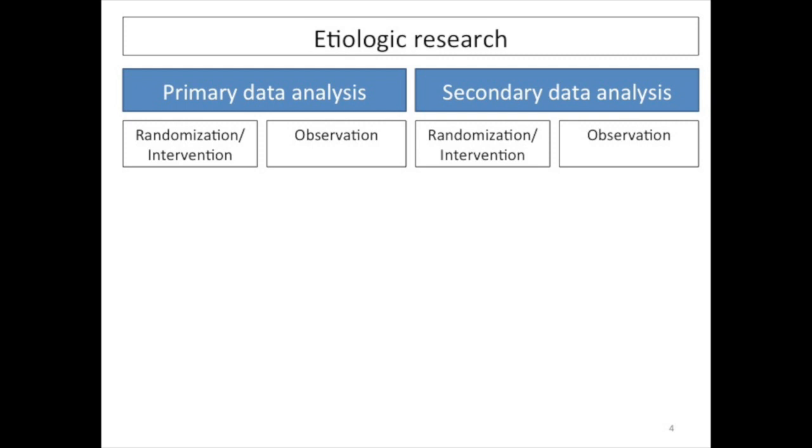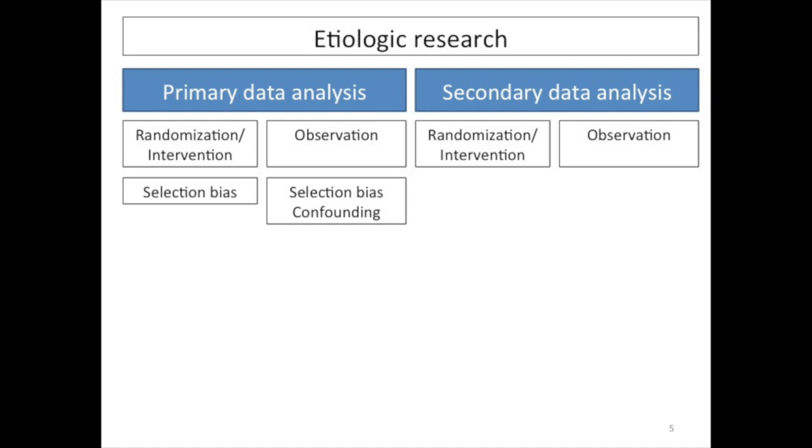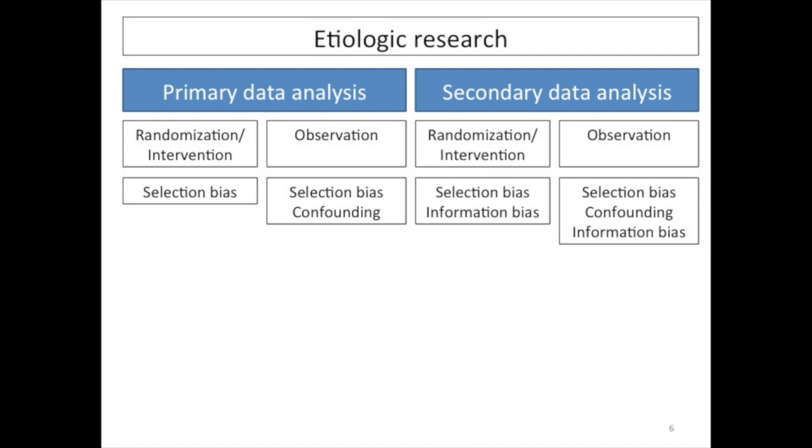Since the data under primary data analysis were collected for the purpose we wish to study, we can be quite sure we have found what we are looking for, and there are few biases. In the ideal world, we will be affected by no or only a few types of biases in primary data analysis. In secondary data analysis, however, we may have a greater risk of bias. The fact that the data were not collected for our purpose leads to a higher risk of systematic errors in our analysis.